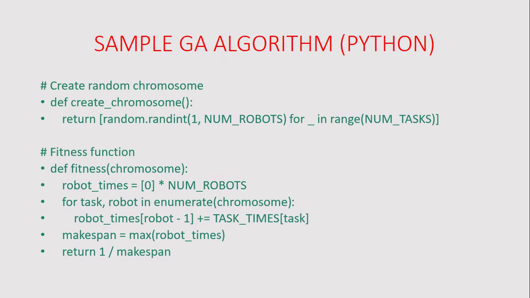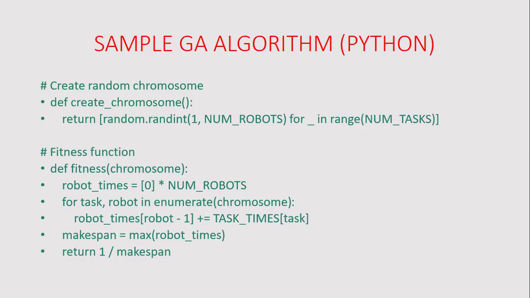The first thing is we need to design the chromosome. After generating the chromosome randomly, find out the fitness function for each chromosome. Then calculate the makespan time.